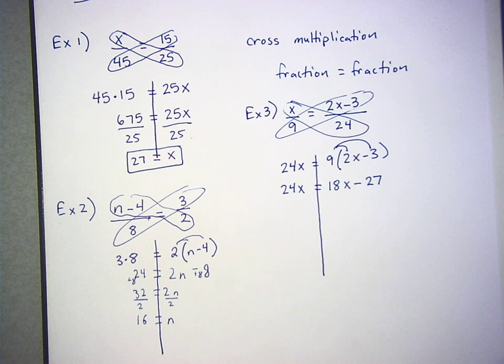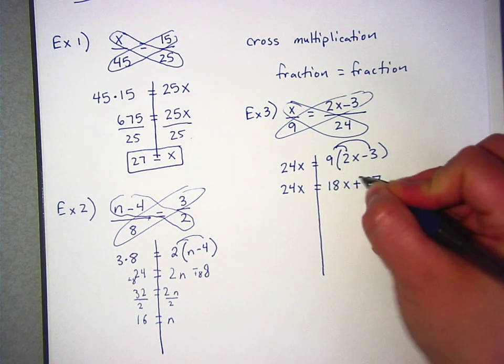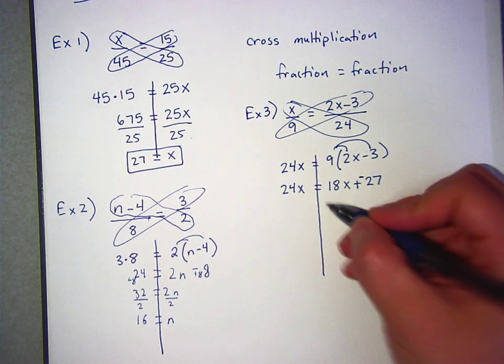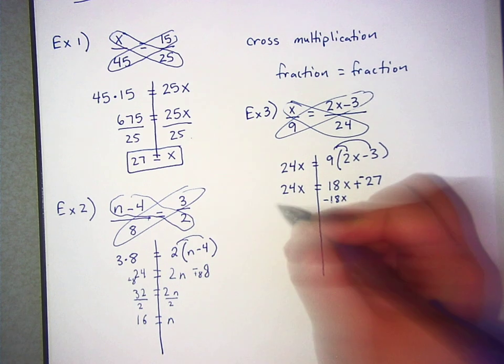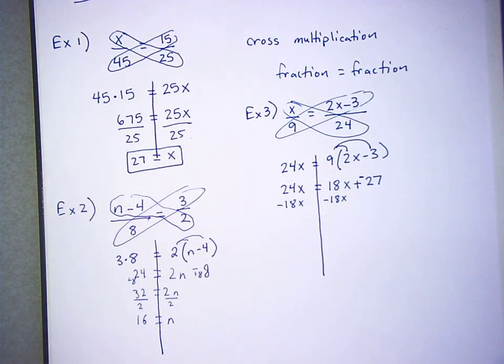Now what? Well, I'm trying to get the x's on one side and the numbers on the other. And right now, negative 27 is the only number, and it's on this side. Yeah? Subtract 18x from both sides. Right, that way I can get the x's on the left. Now technically, let's suppose that you just really like getting the regular numbers on the left and the x's on the right.